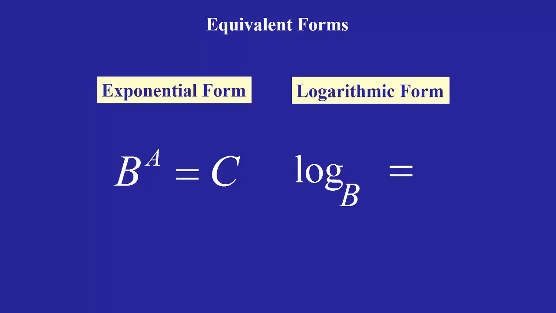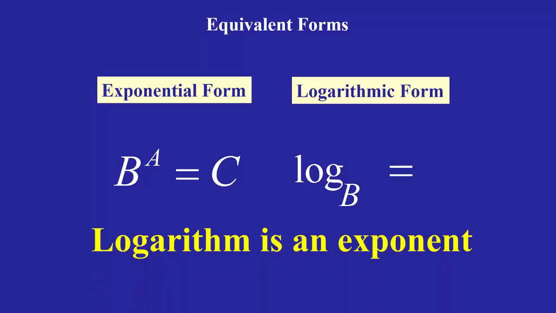On the left, we know from what we looked at earlier, a logarithm is an exponent. On the left, where do you see the exponent? On the right, follow along. A logarithm is an exponent, so to the right of that equals needs to be the exponent.